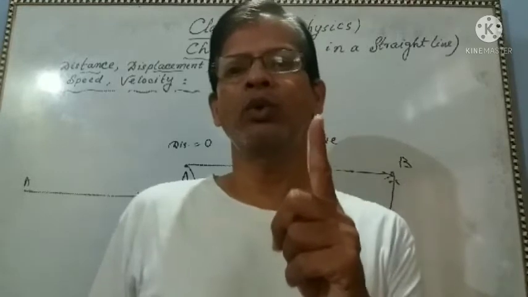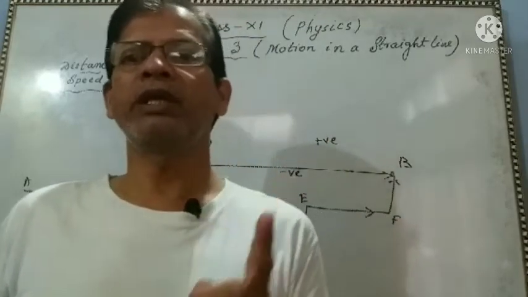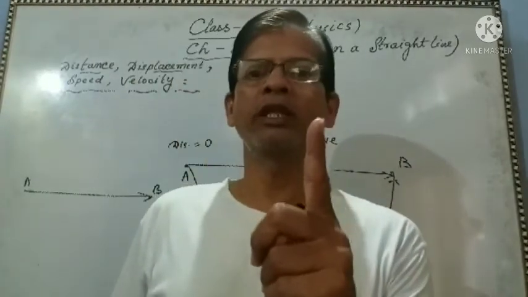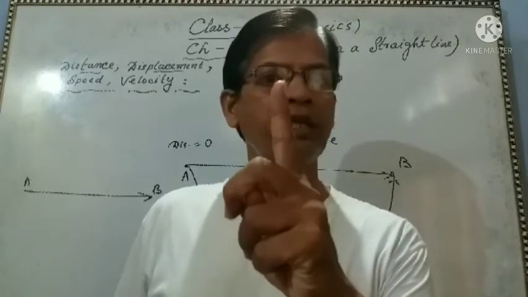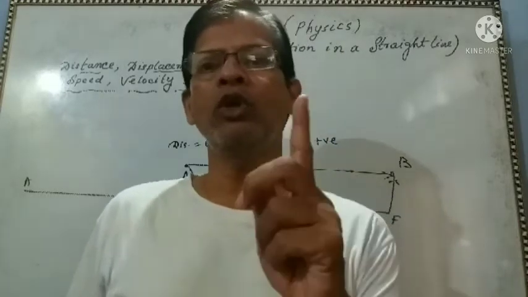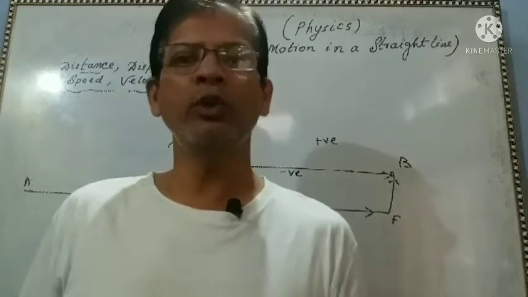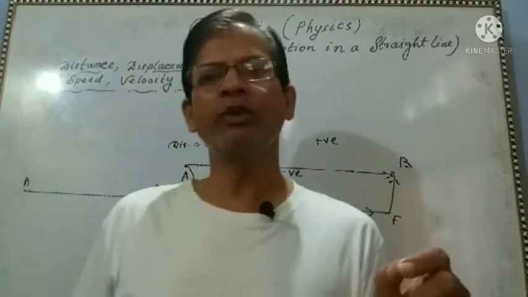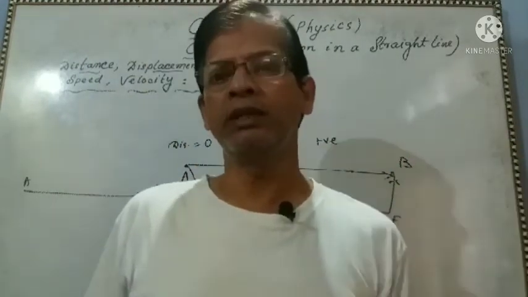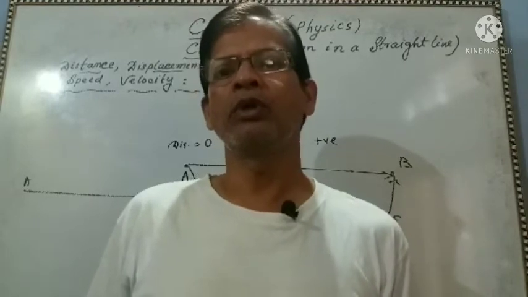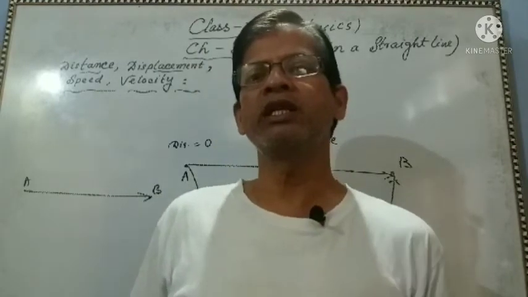What is the meaning? That means at a particular time, the position of an object will be a single position. It will not be two positions. Suppose you are here, at the same time you cannot be in Delhi. So displacement is a single valued function.